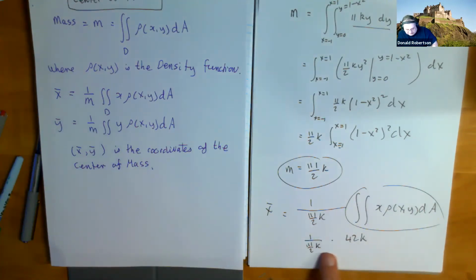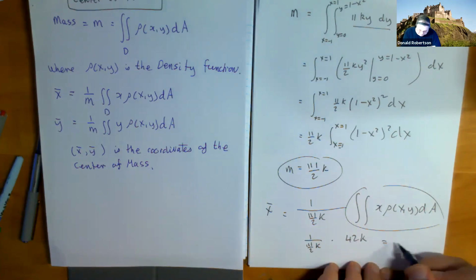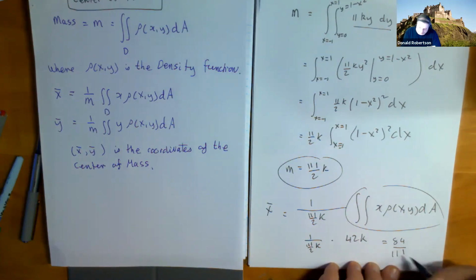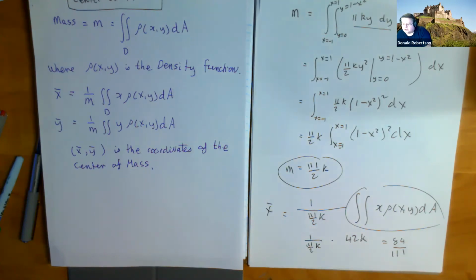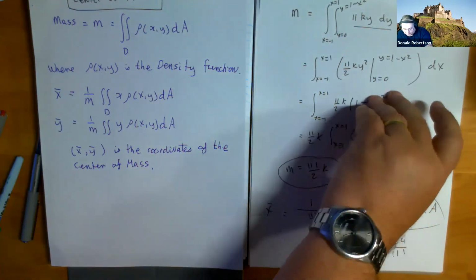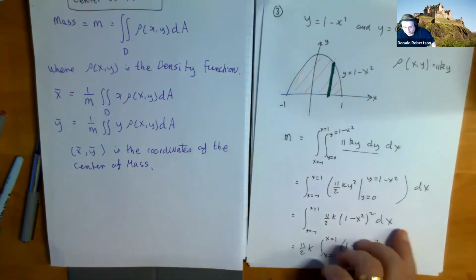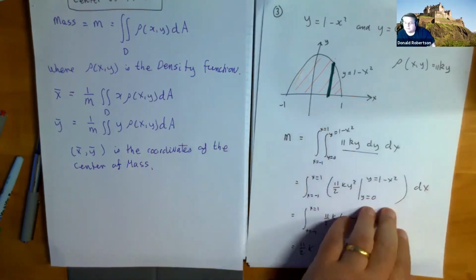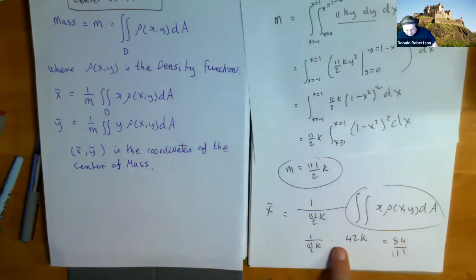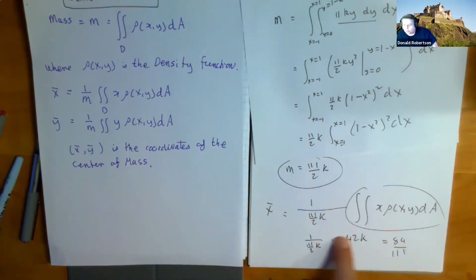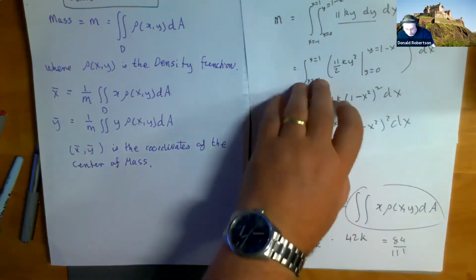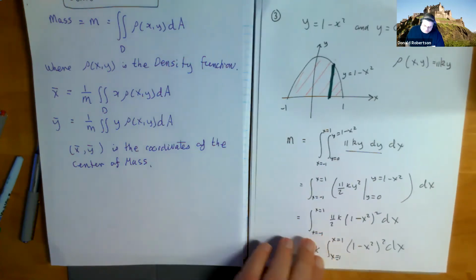Do you notice that this k and that k will cancel? And 42 and this will come out, and what you'll get is 84 111ths. So even although the density function has a k in it, the x bar function, the k's will always cancel out, and you will be left with an exact value. So whatever that really is.